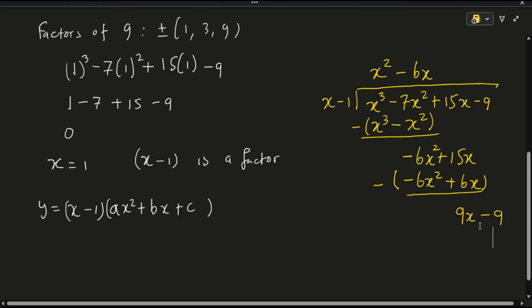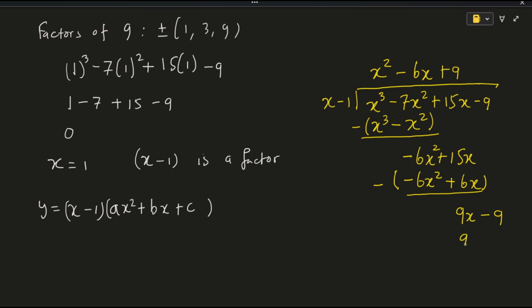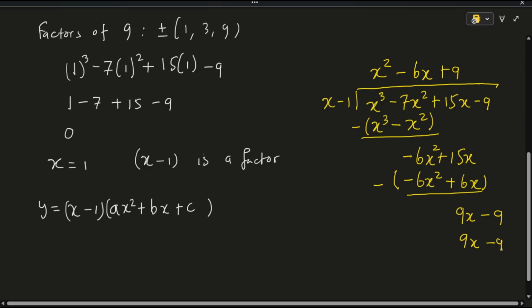We're going to repeat the same procedure. We're going to divide the first term of this expression with the first term of the divisor. And we're going to multiply this number with the divisor. And this quadratic equation that we have here, we'll plug it in over here.